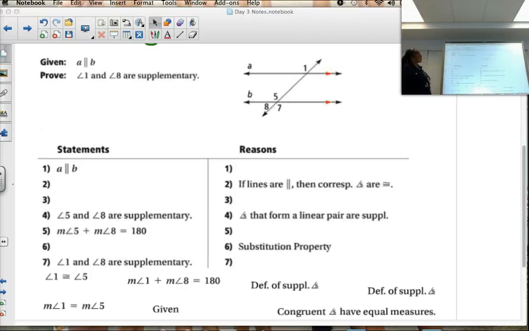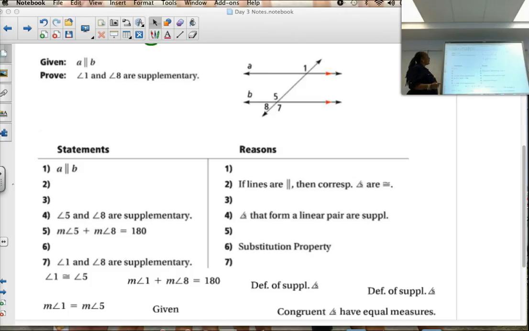All right. On this proof, we're given that A is parallel to B. So up here we see that these two lines are parallel. We need to prove that angle 1 and angle 8 are supplementary. Down here is your word bank that we're going to use for our statements and reasons.